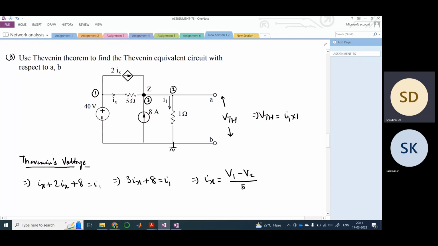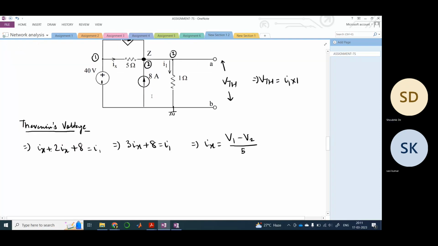Because this Ix is flowing through the 5 ohm, so basically it is the voltage drop across these two nodes, across this 5 ohm resistor. So your V1 is what? V1 is nothing but 40 volts, right? And V2 we don't know, of course. Okay, so let us just substitute.